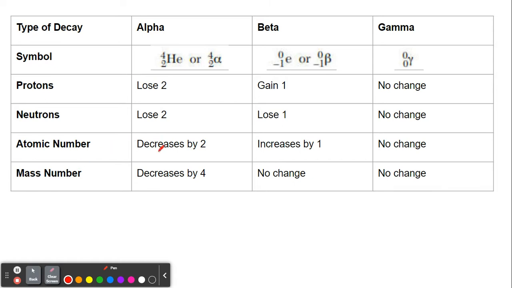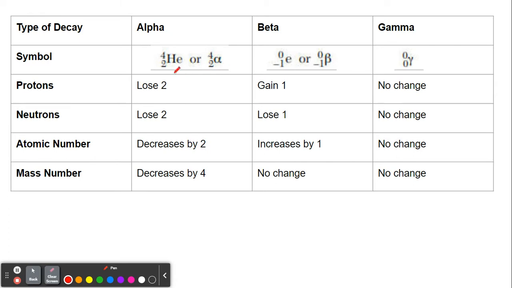So for alpha decay, it's going to involve the loss of a helium particle or a helium atom. We also call it an alpha particle, hence its name, alpha decay. And so it has that alpha symbol.